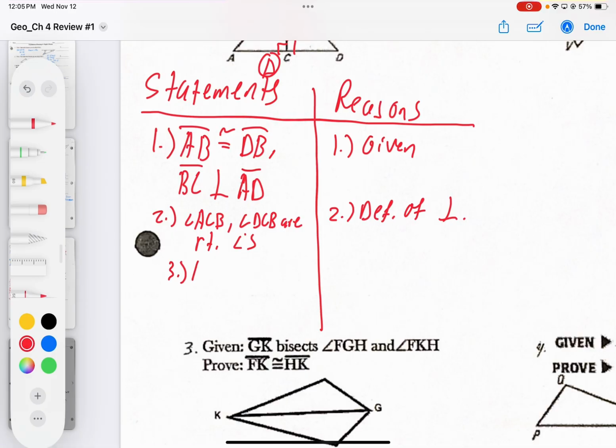Then it'll read triangle ACB, triangle DCB are right triangles. Anybody know the reason for that? Definition of right triangle. Good job, Alina.